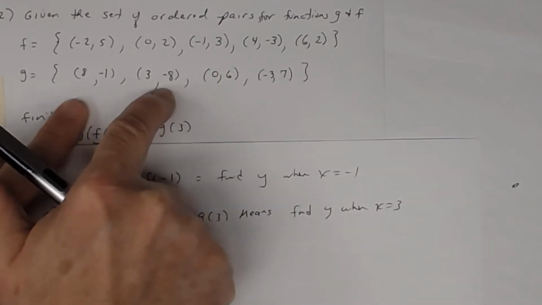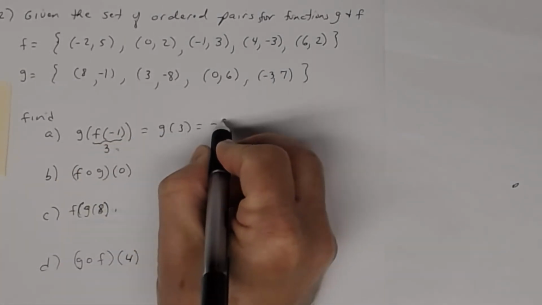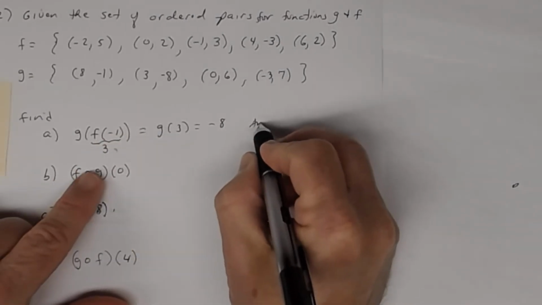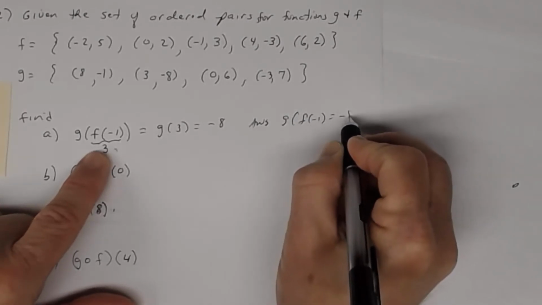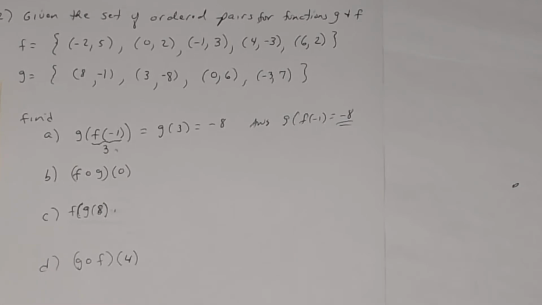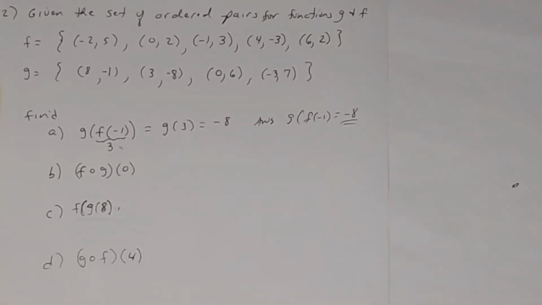When x is 3, what's that y value? That y value is negative 8. So g of 3 is negative 8. So therefore the answer is going to be negative 8 right here. So the answer you're going to say g of f of negative 1 equals negative 8. All right, it's not a difficult process. It really is not. All right, let's look at B.